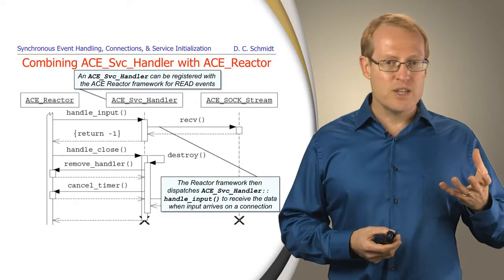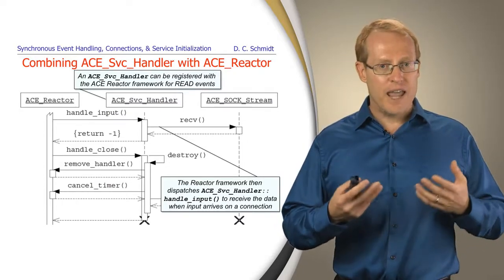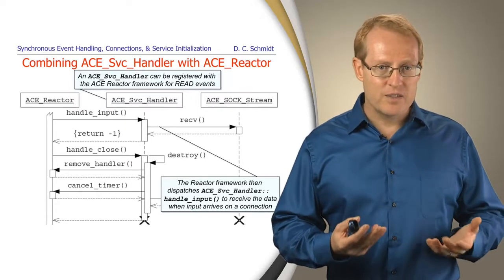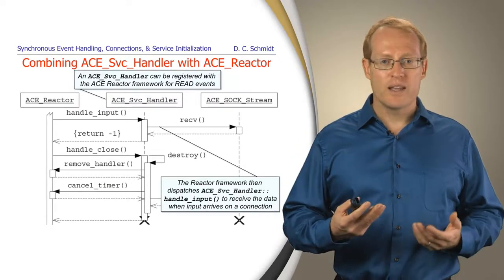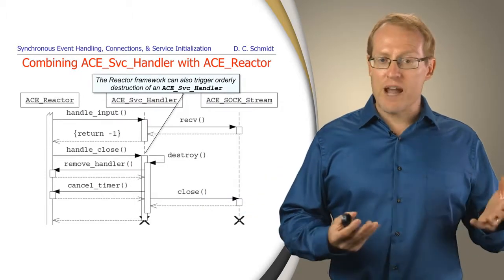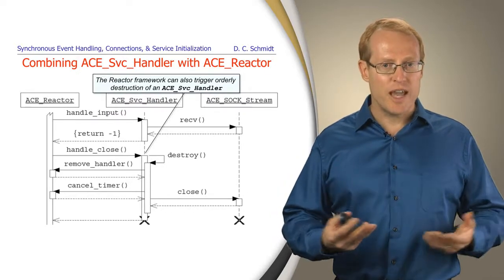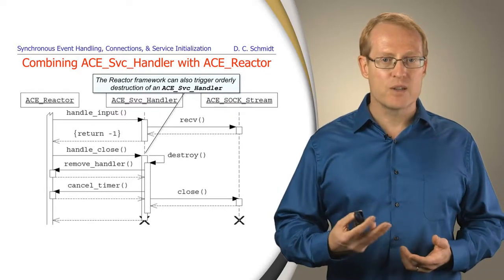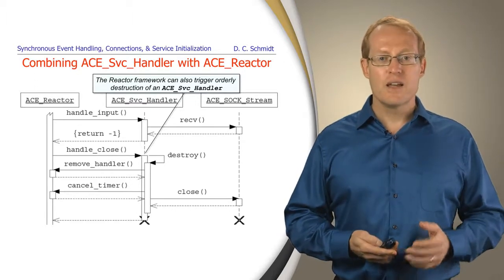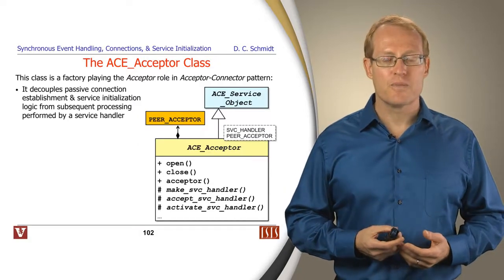Then the ACE Reactor framework will automatically call back to the handle_input method in the service handler when some kind of data arrives on an endpoint that the service handler indicated it was interested in. The Reactor framework can also be responsible for initiating graceful shutdown and destruction of service handlers when they are no longer needed, for example, when the underlying connection is shut down. Once again, offloading a lot of the grubby work from application developers.